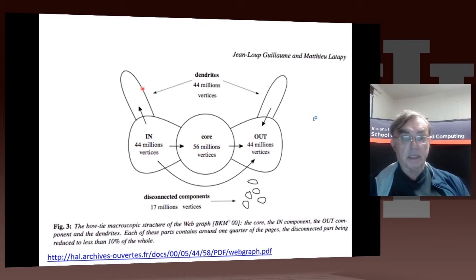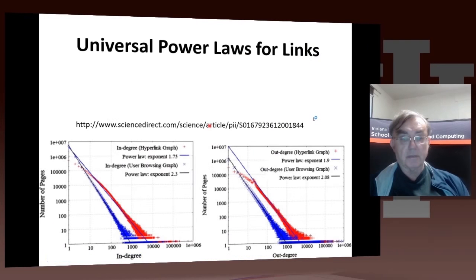They have little things going out, so-called dendrites. And then there's lots of little isolated, disconnected things with no links to anything else. That's a sort of classic structure, and whatever algorithm one has needs to cope with this particular structure.